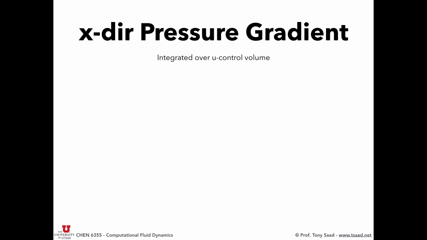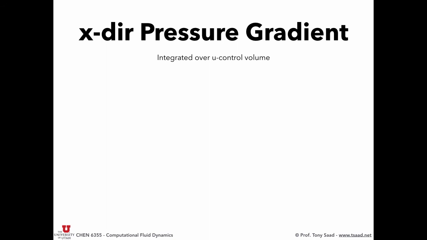For the pressure gradient in integral form, it looks like the integral of P n_x dS over S. What is this S? It's the U control volume. Why? Because that is going to be added to d by dt of U, so the result of this better match where this lives, and this lives in the U control volume.